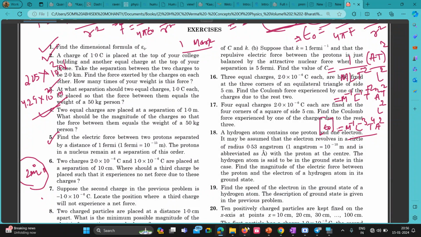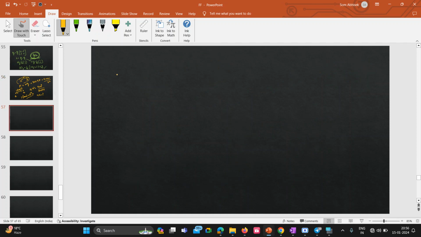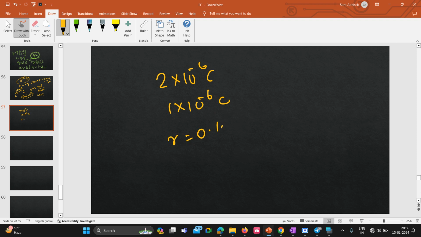Okay, two charges are there. What charges are there? 2 into 10 to the minus 6 coulomb, 1 into 10 to the minus 6 coulomb. Alright, distance is 10 centimeters, 0.1 meter.